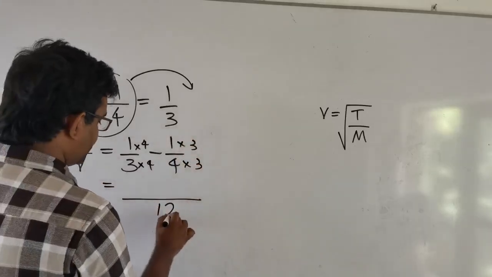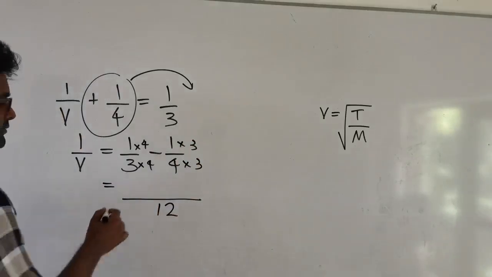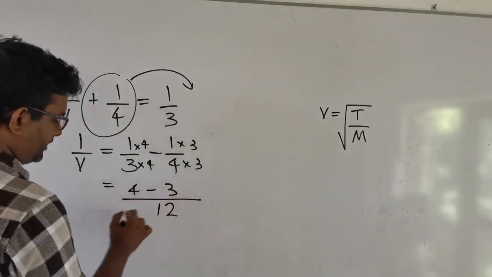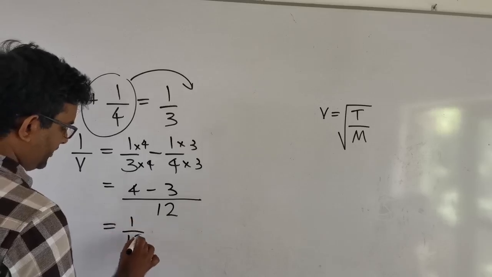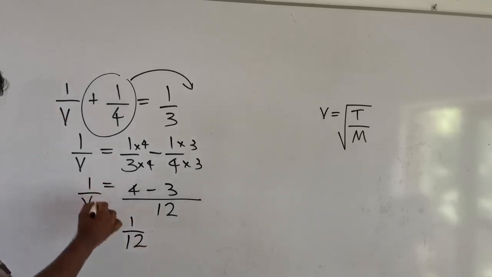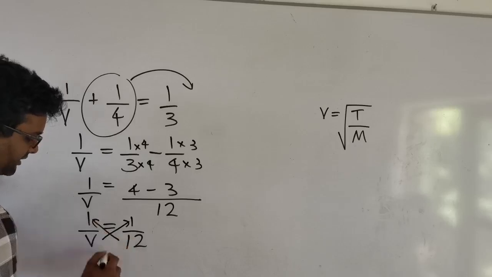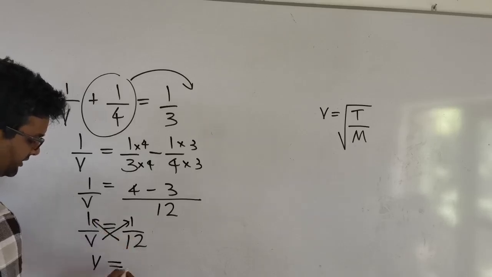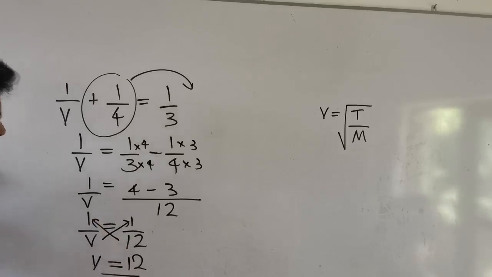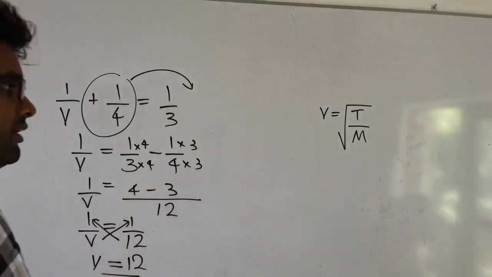Then 12 is the denominator. Then 4 minus 3, that is 1 over 12, that is equal to 1 over v. So we need to find v, therefore we can cross multiply that. Then v is equal to 12, right?